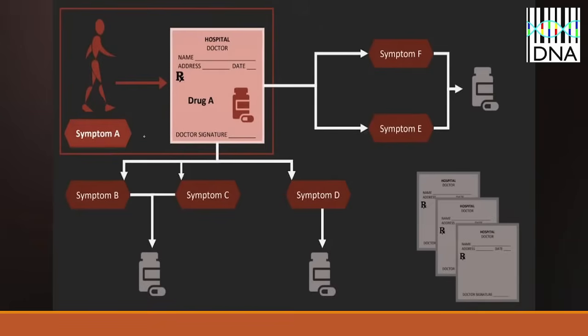You can see here a person is having symptom A and a drug is given by the doctor. Now this drug has an effect to cure symptom B, and it may cure symptom C. Let's take an easy example, paracetamol. Paracetamol is a drug to cure the flu.